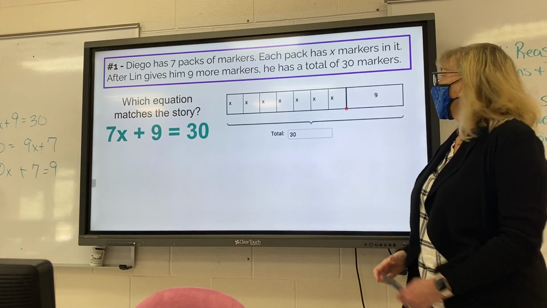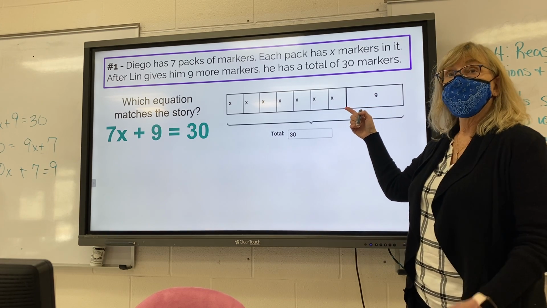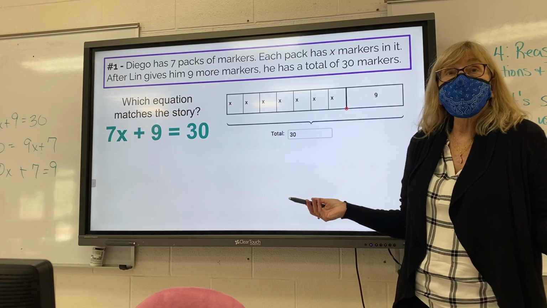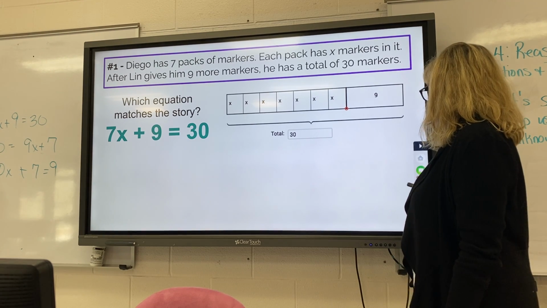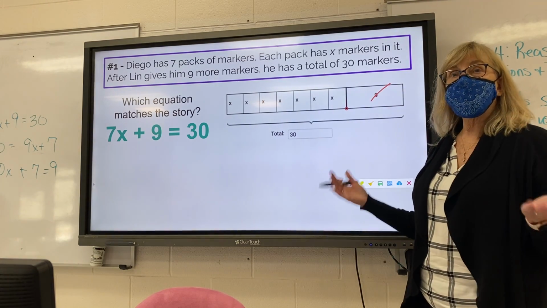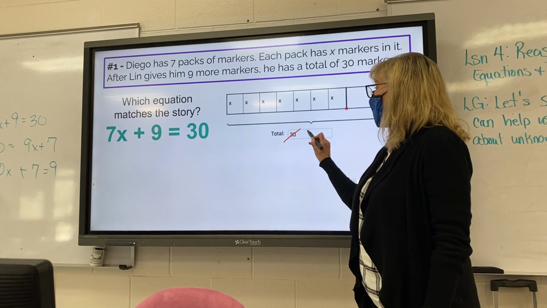The 9. So it's positive 9. What makes 0? Negative 9, which is the same thing as subtracting 9.